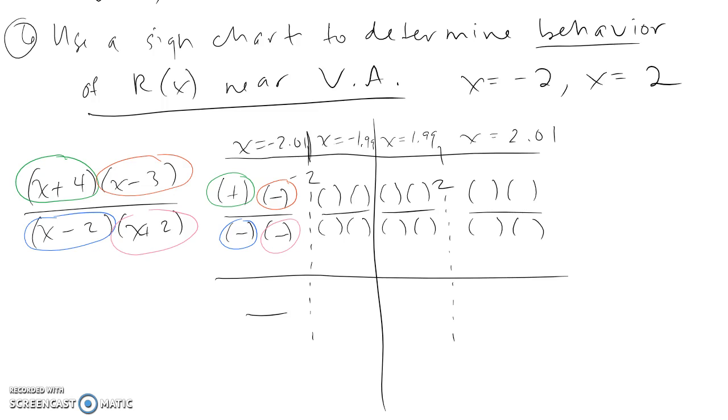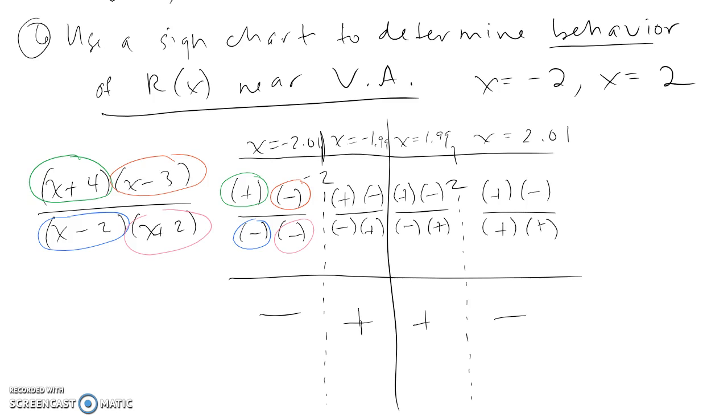I'm going to do the same thing for each one of these values, and I'm going to pause the video so that I don't run out of time. I'm going to fill them all in, and then we'll talk about what all that means. Okay, so since we have a negative on the left-hand side of the asymptote x = -2, that means that our function is approaching negative infinity, so it's going to look something like that.